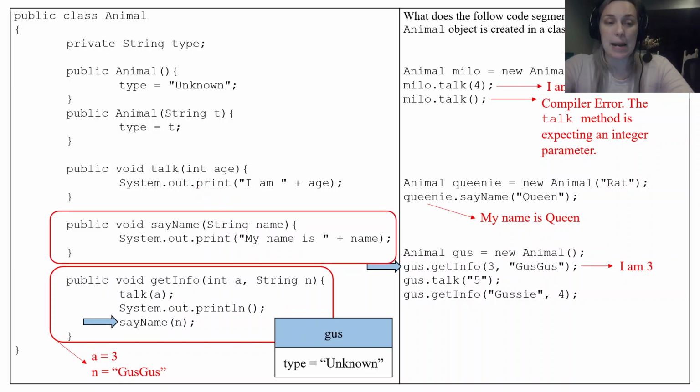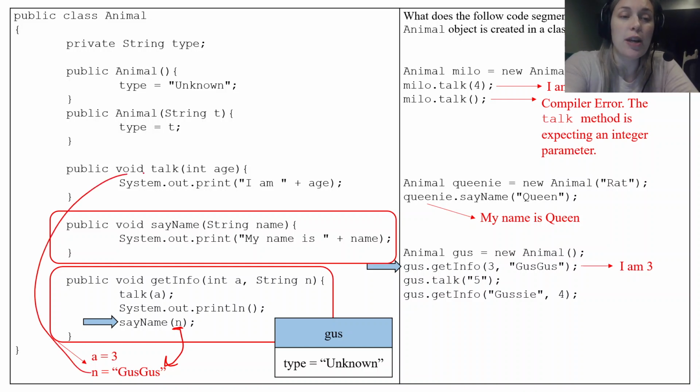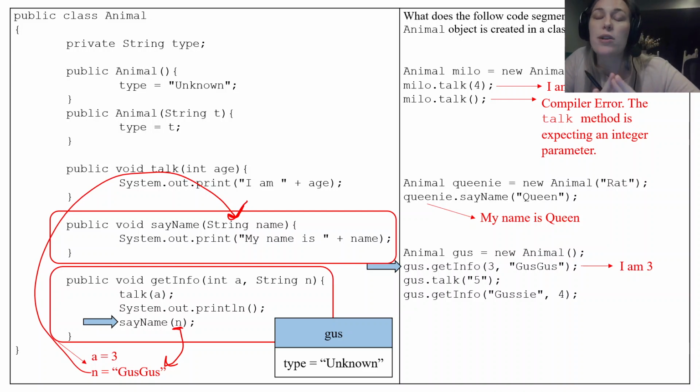Then I got say name. Okay. So say name again is a method call. You're going to pass it n. N right now is Gus Gus. So Gus Gus gets passed to this parameter, and name is going to equal Gus Gus. So what gets printed, my name is, and then Gus Gus gets printed off.